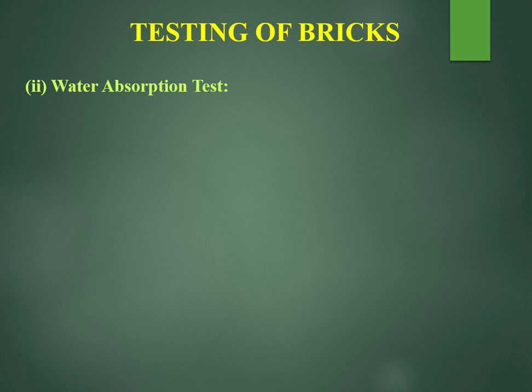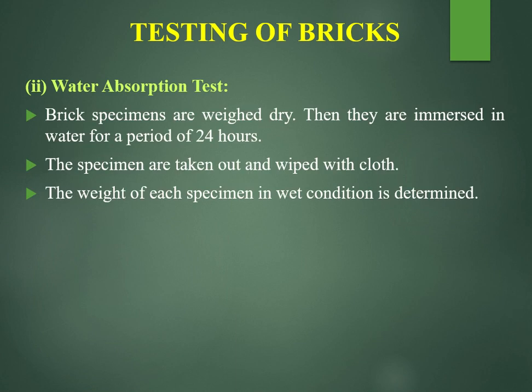The second laboratory test is the water absorption test. The water absorption test is done on brick specimens. Around 4 to 5 specimens we take, and first you take the dry weight of these specimens. Say you have 5 bricks with you.